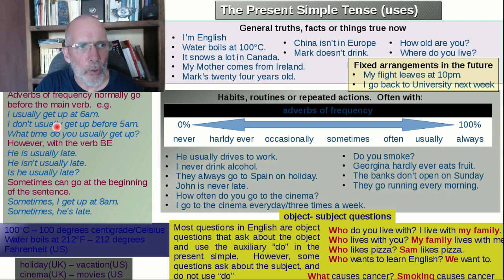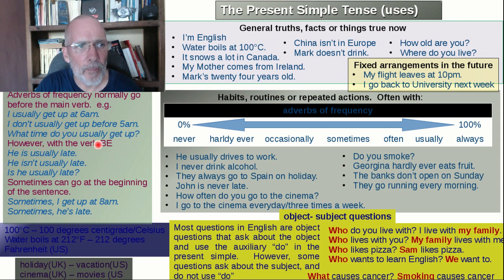I don't usually get up before 5 a.m. This is a negative, but again the usually is before the main verb. What time do you usually get up? A question. Once again, the usually goes before the main verb.